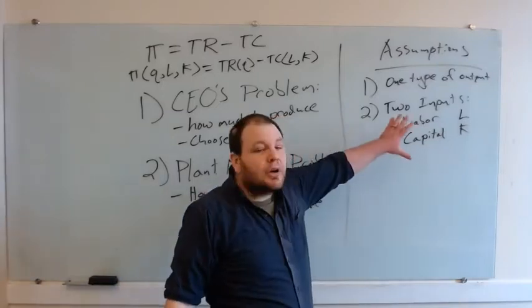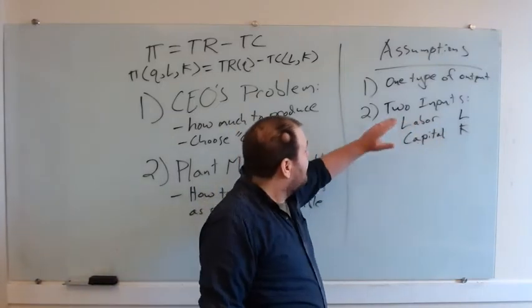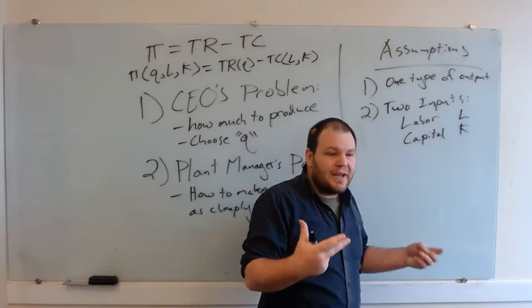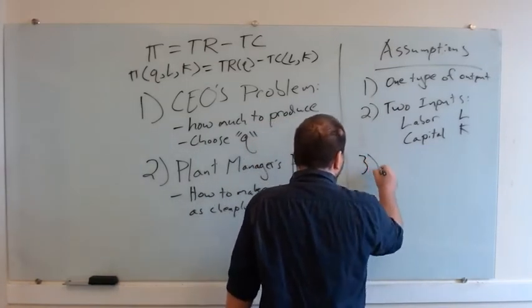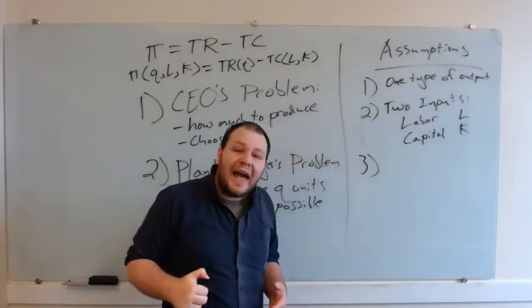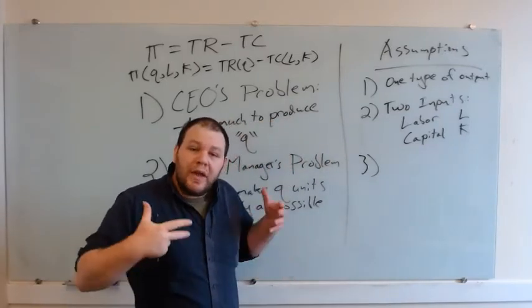So this is similar to talking about leisure and consumption. These are going to lump together a whole bunch of different types of inputs. We're also going to assume that we essentially have a market economy for both inputs and for outputs.